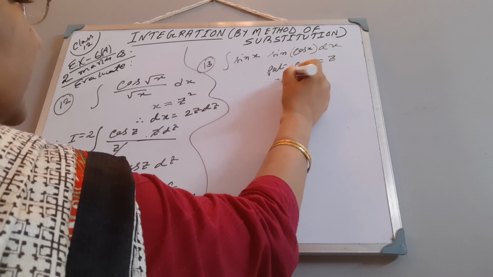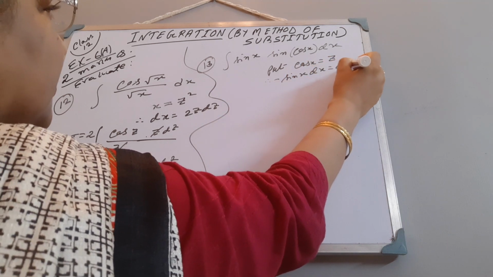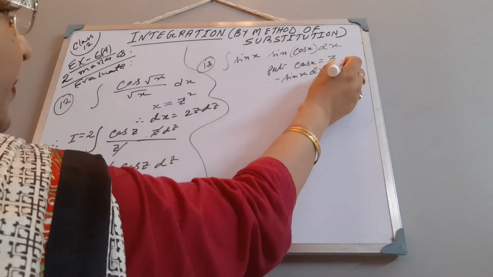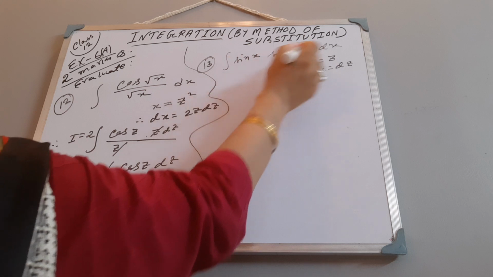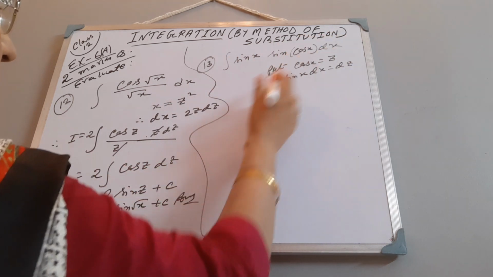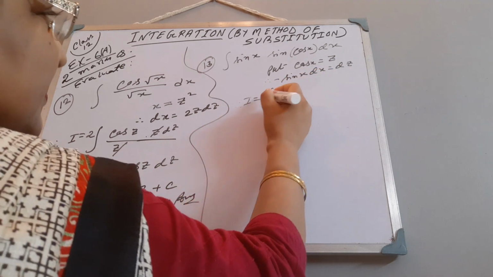Therefore, minus sin x dx is equal to dz, so sin x dx will be minus dz. Instead of sin x dx we put minus dz, and sin cos x means sin z. Therefore the integral is minus dz.